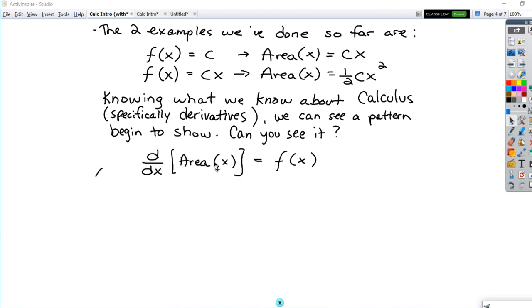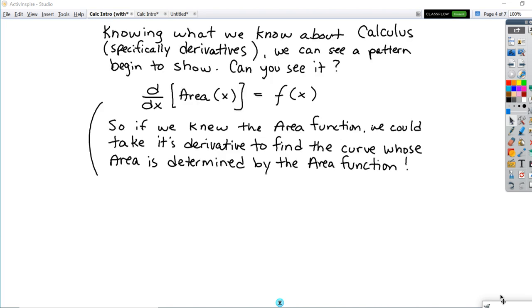So the derivative of our area function is equal to our f of x function. So if we knew the area function, we could take its derivative to find the curve whose area is determined by the area function.